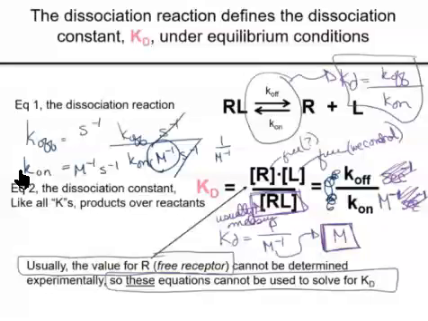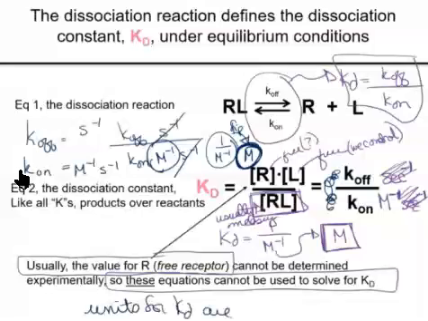And if we make this more palatable to our human eyes, we're going to end up with the concentrations of molar, right? So flip. So the units of KD are expressed in terms of molarity.